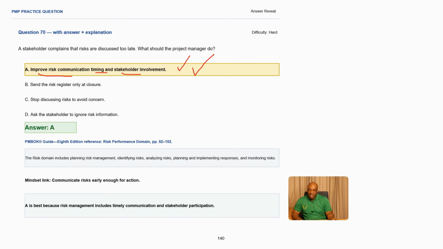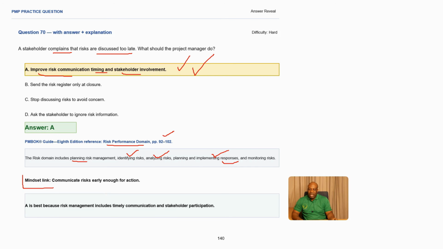Now, how do we reference this to our PM book? Risk performance domain, which is on pages 92 to 102. What does it say? The risk domain includes planning, risk identification, analysis, and implementation of responses. So this stakeholder is complaining that the risks are being discussed too late, all right. So what is the best mindset that you should apply here?